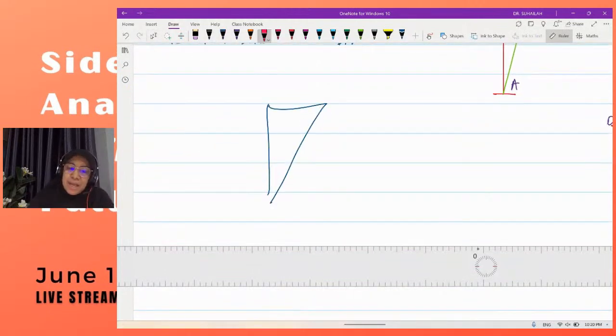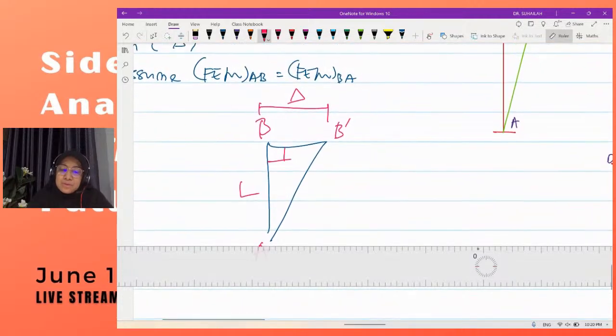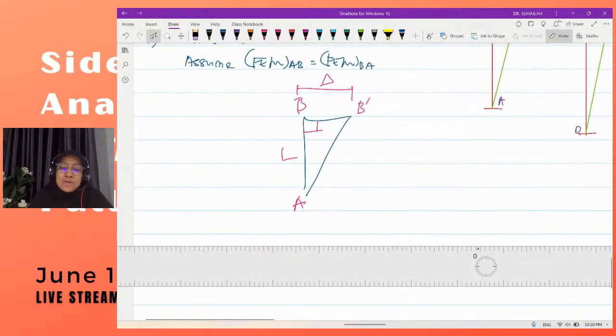This is A, this is B, this is B prime, this is delta, this is L. Because of the behavior, the fixed end moment will be applied like this. That behavior gives us the sign.